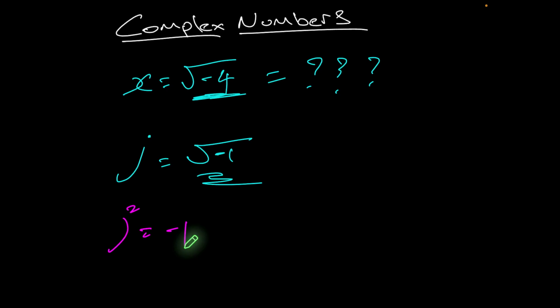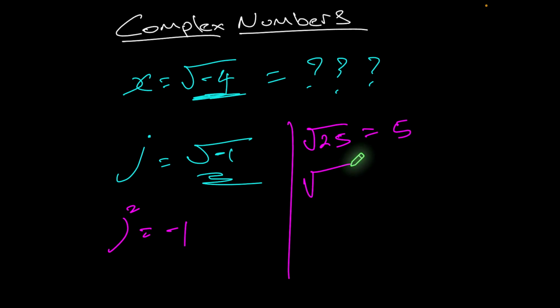And the main reason for that, I'll just jog your memory a second here. Let's say we do the square root of 25. We do know that the square root of 25 is simply 5. And we can replace 25 with 5 squared. So if we were to square root a squared number, then the answer itself would just simply be the number itself.